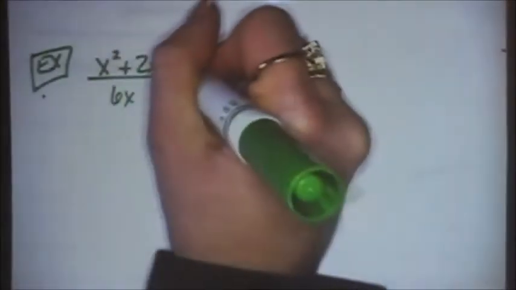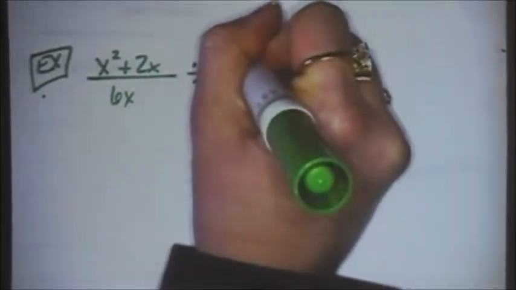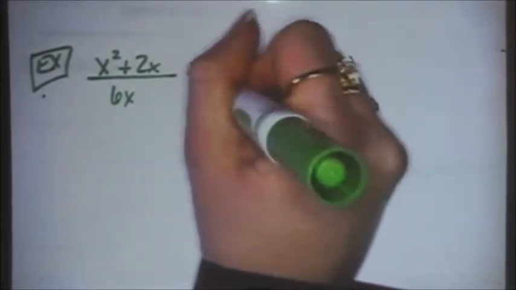Now division is basically multiplying because remember, we keep, switch, flip. So let's look at an example. X squared plus 2x over 6x divided by x squared minus 4 over 3x squared.